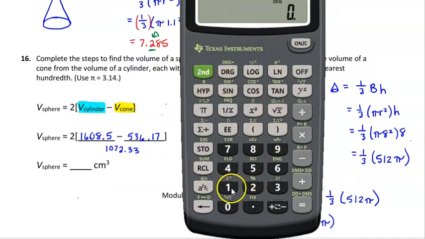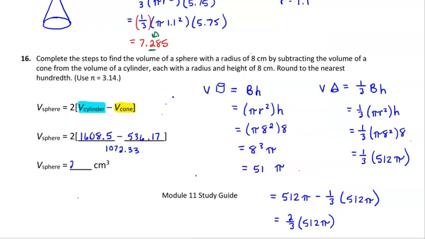So I've got 1072.33 and then times 2, and I get 2144.66. It's already going to be rounded to the nearest hundredth because I've been rounding to the nearest hundredth.